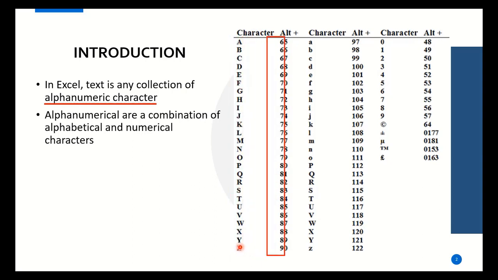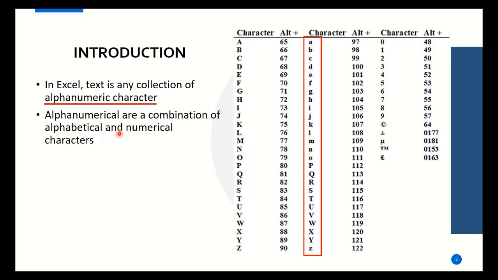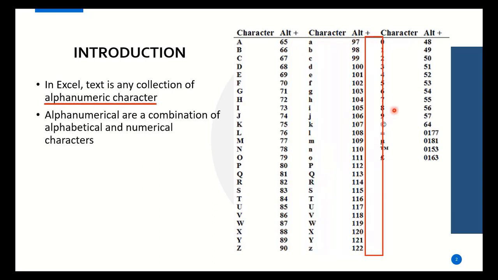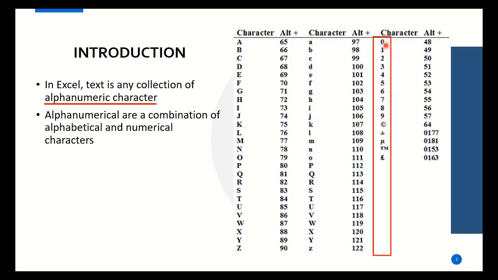And the combination of alphabetical refers to capital letter A to Z and small letter A to Z, and the last one is the numbers, from 0 to 9, and some special characters. So all of them together we call alphanumerical characters, right?